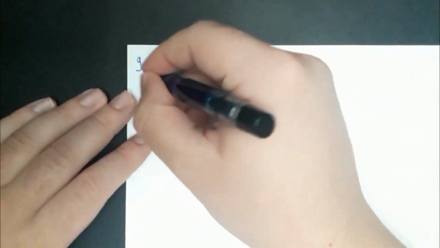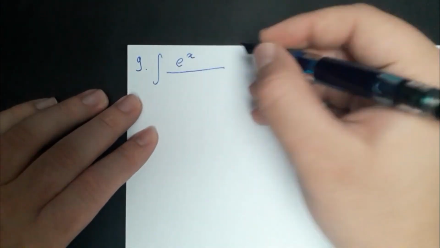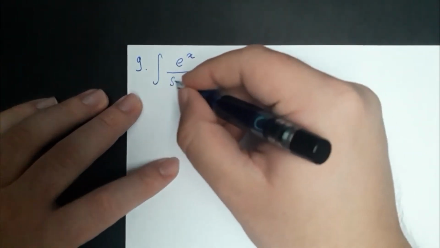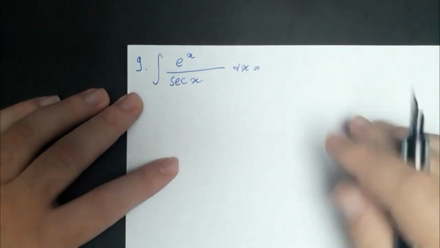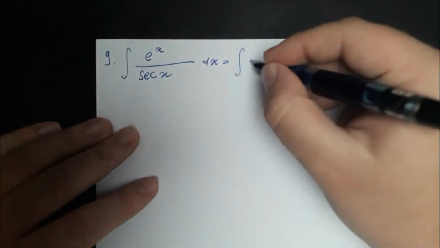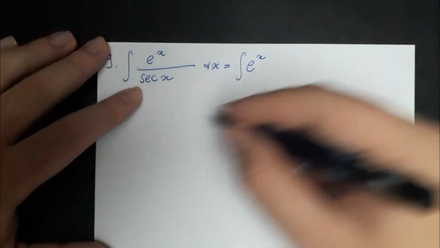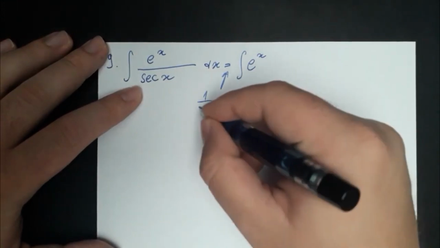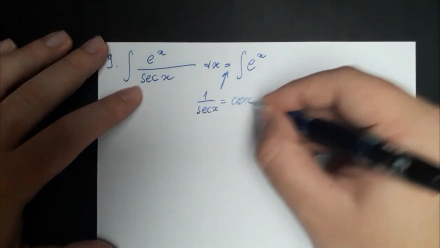Well, the next problem we are going to solve is an integral of e to the power x divided by secant x dx. Well, this is equal to an integral of e to the power x, and 1 divided by secant x is equal to cosine of x.